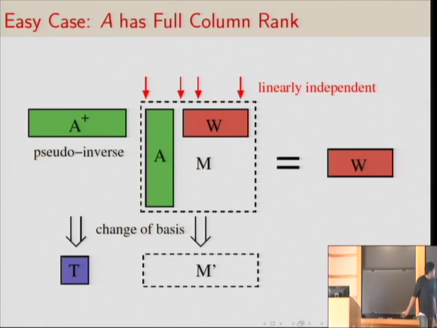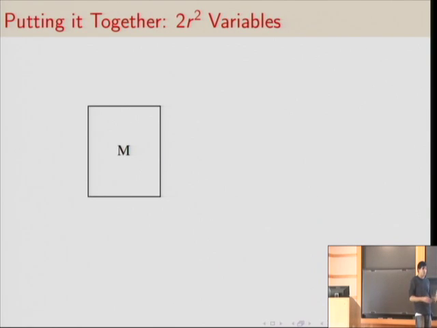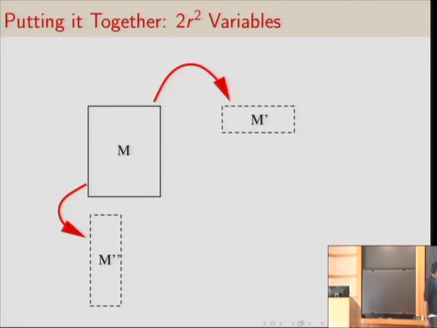So this is a way to reduce the number of variables. What if both A and W in this factorization were themselves full column rank and full row rank respectively? Then we take the original matrix M and perform changes of basis depending on the set of linearly independent columns or rows, and we get M prime and M double prime.